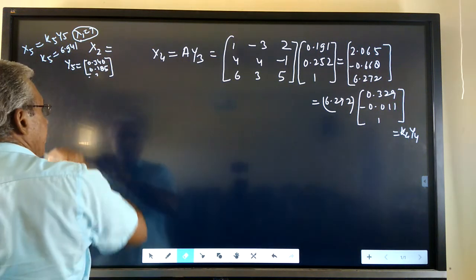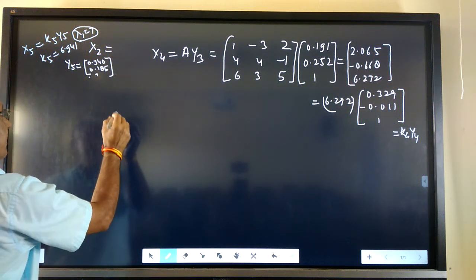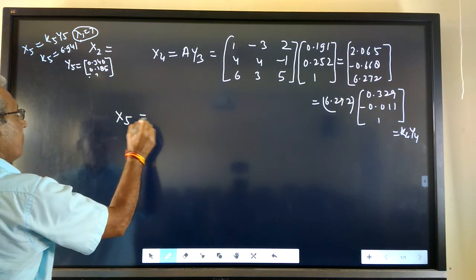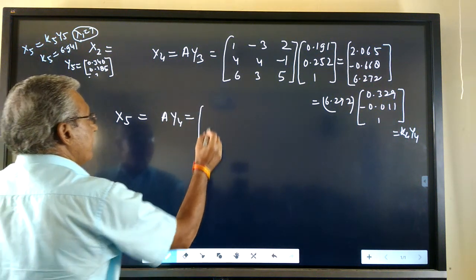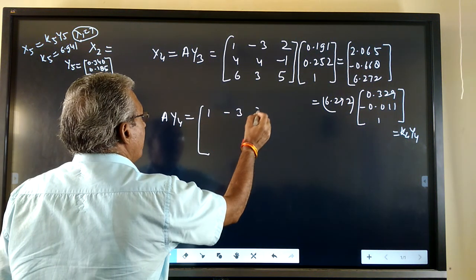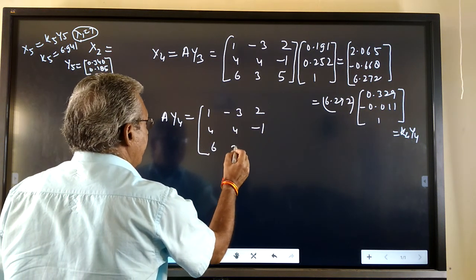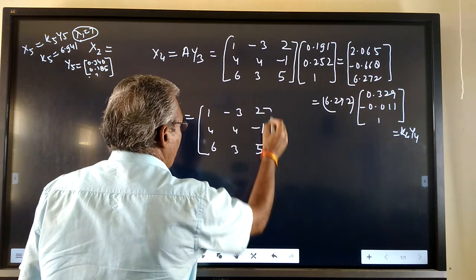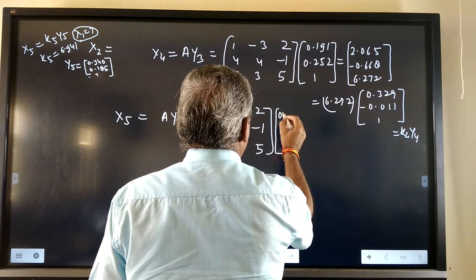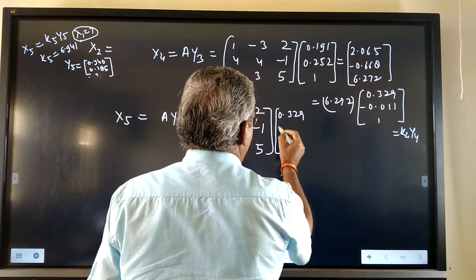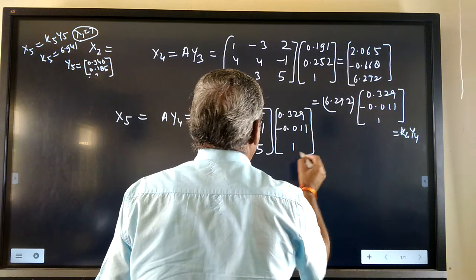Now the next approximation is given by x5 equals A y4. Here A is [1 -3 2; 4 4 -1; 6 3 5], and y4 is [0.329, -0.011, 1].